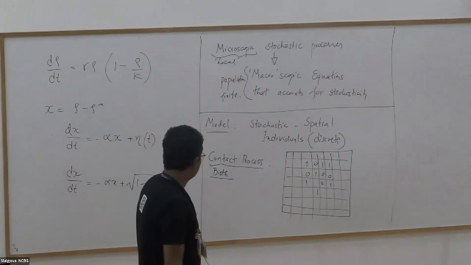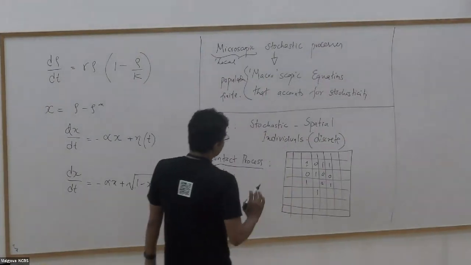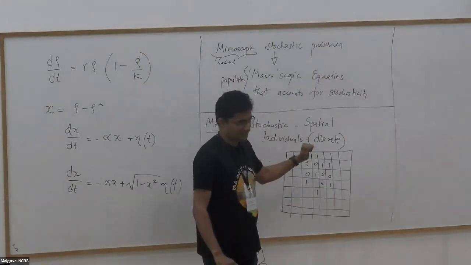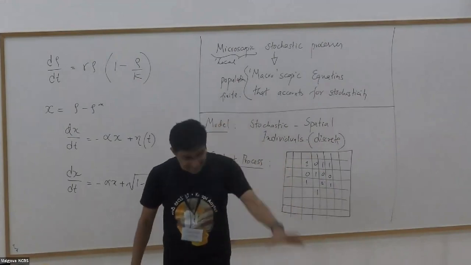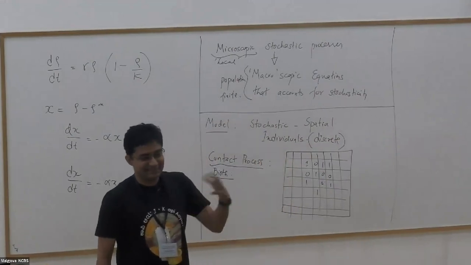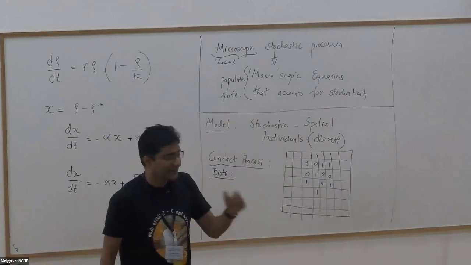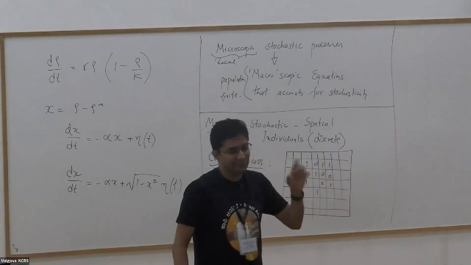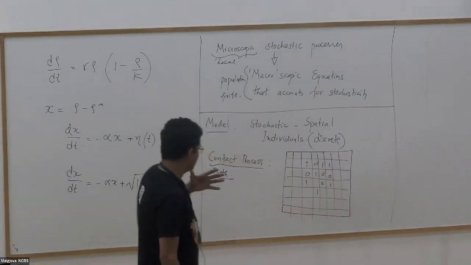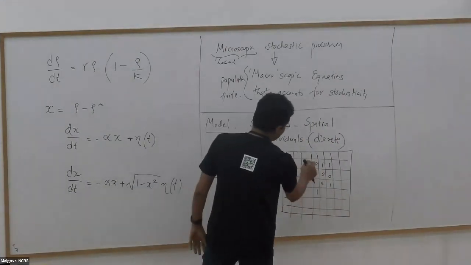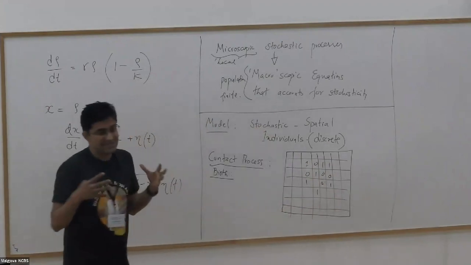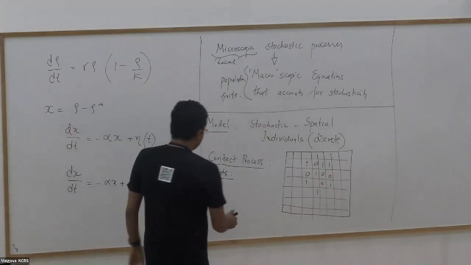What we do is we randomly pick a site. If that site has nothing, it has 0, then I pick one more until I hit 1. So I keep finding a random site until I find a site which is occupied.